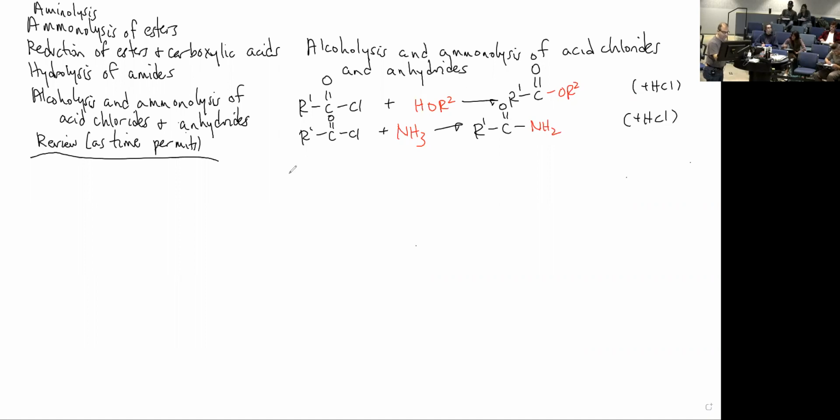And both of these reactions you can also do on an acid anhydride, as we discussed in chapter 15, I think it was, the chapter on carbohydrates. You get the same products. In this case, the side product will be a molecule of the corresponding carboxylic acid.